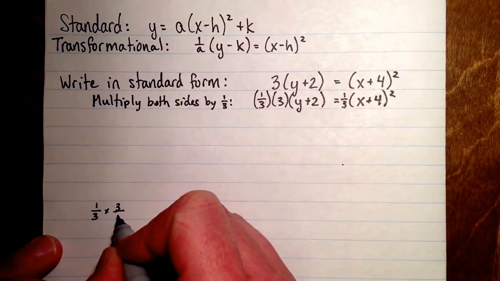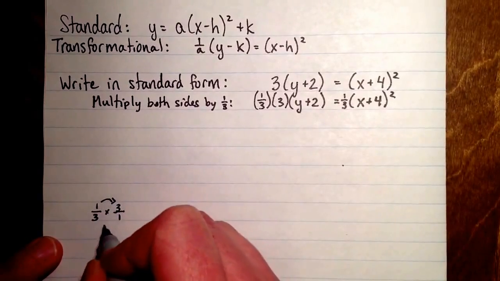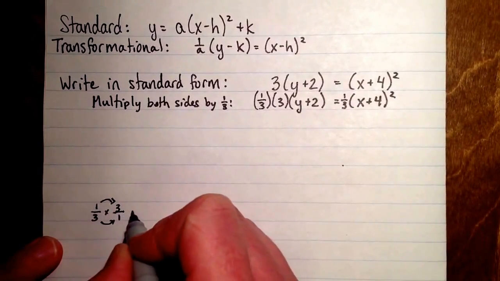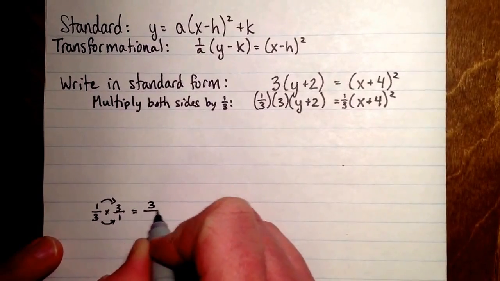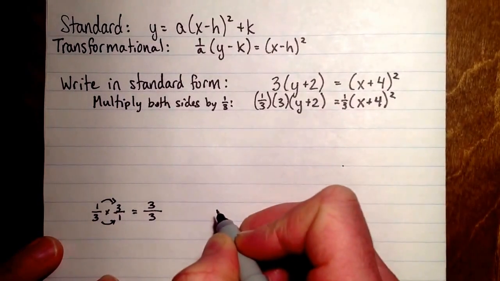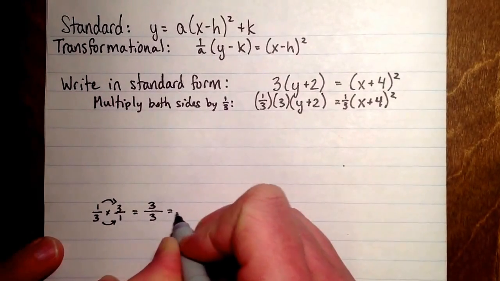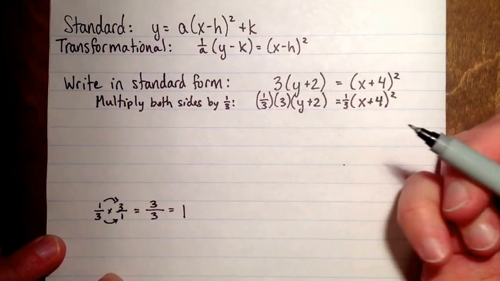So the 3 is the same as 3 over 1. And then to multiply fractions, people often remember this as being harder than it is. You just do top times top, or numerator times numerator. And then bottom times bottom, or denominator times denominator. So 3 over 3, 3/3, and that's just 1 whole. Right? So my 1/3 times 3, that gives me 1.